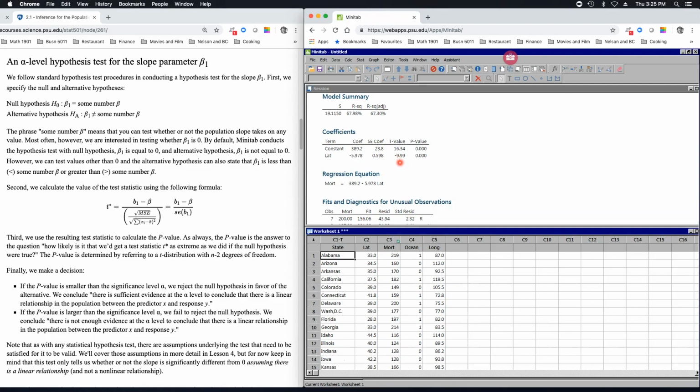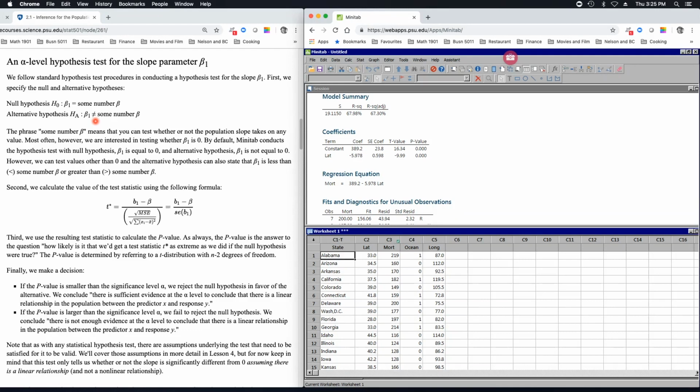To make our decision, we can calculate a p-value. And the way we set this test up was as a two-tail test. The alternative hypothesis is that beta 1 is not equal to 0. So our rejection region is going to be in both tails.